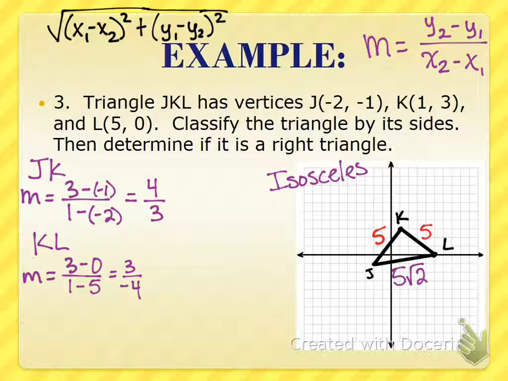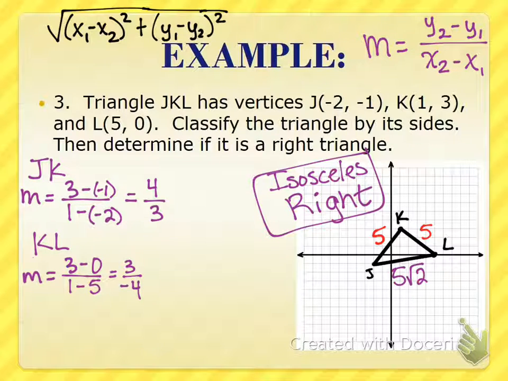So my slopes are 4/3 and -3/4. Are these lines perpendicular? Yes, because their slopes are opposite reciprocals. Very good. So yes, it is a right triangle. So it is an isosceles right triangle. Put your little right angle box in the corner if you would like.